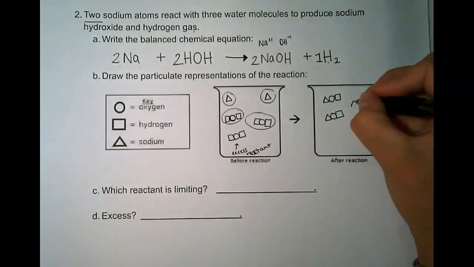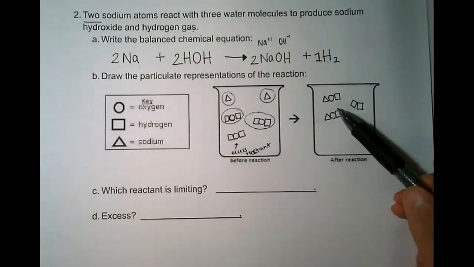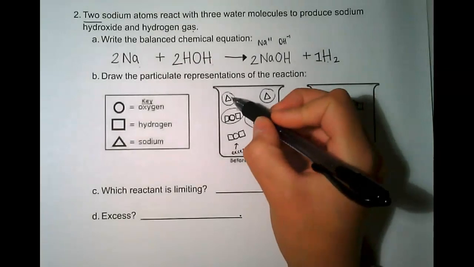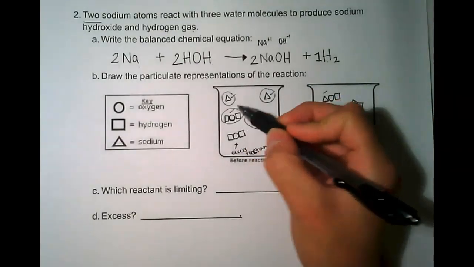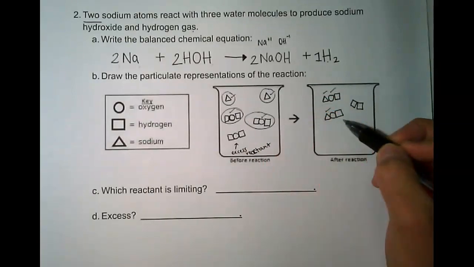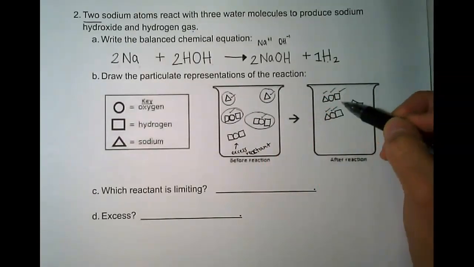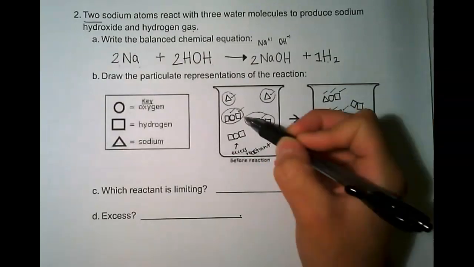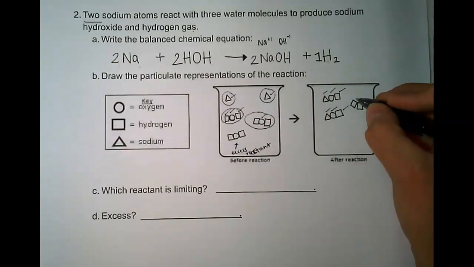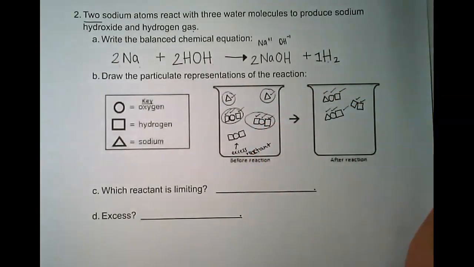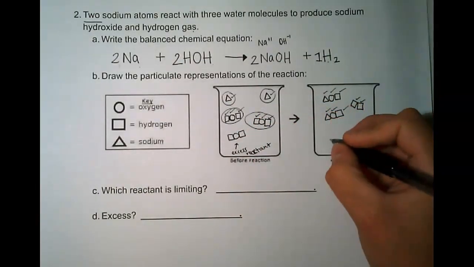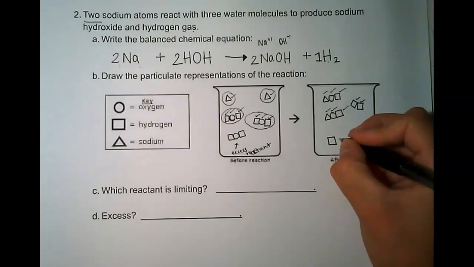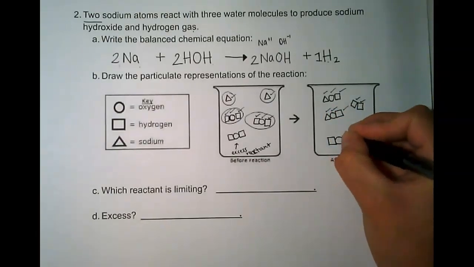H2 is just 2 boxes connected to each other. And this makes sense. So I used 1 triangle, 1 triangle, 1 O, 1 O, 1 box, 1 box, and then 2 boxes. And then this is my excess reactant, the part that did not get used. So I have an excess water molecule left over at the end.